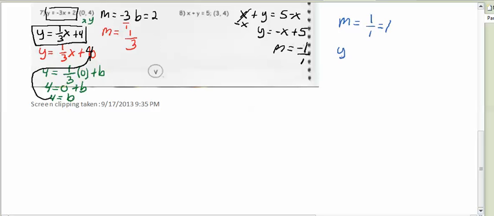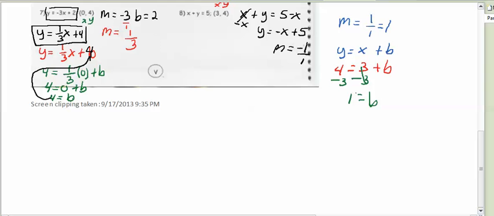So now I've got y is equal to 1x plus b. We have our x and our y. Take those numbers, substitute them in. Subtract. Get b by itself. b is equal to 1.